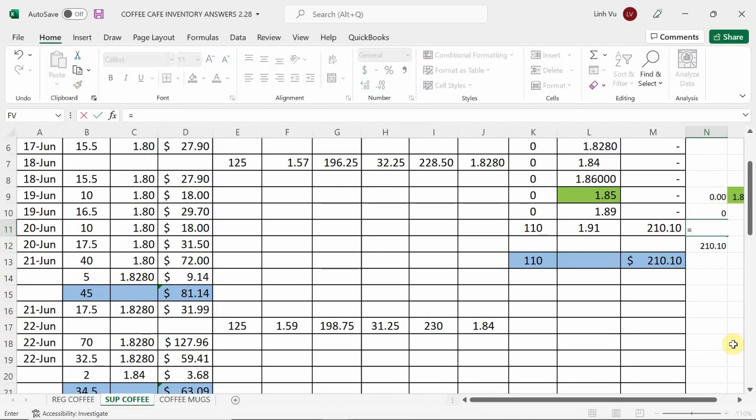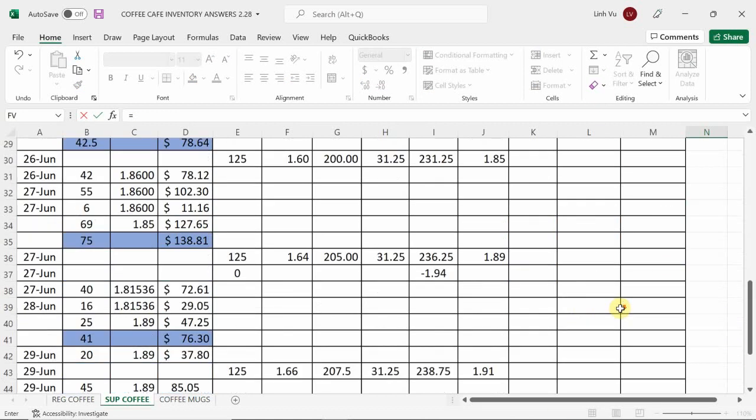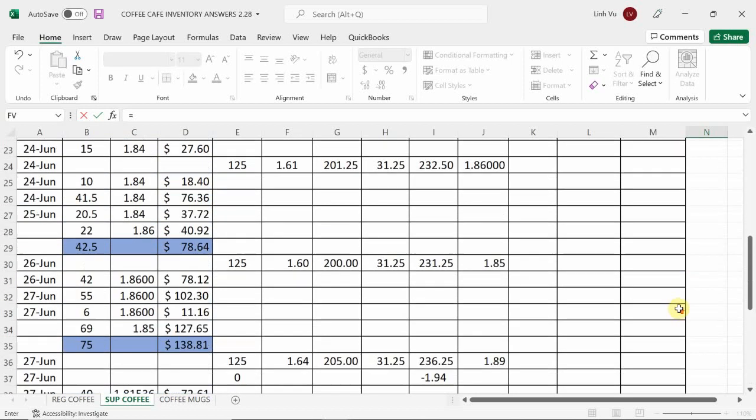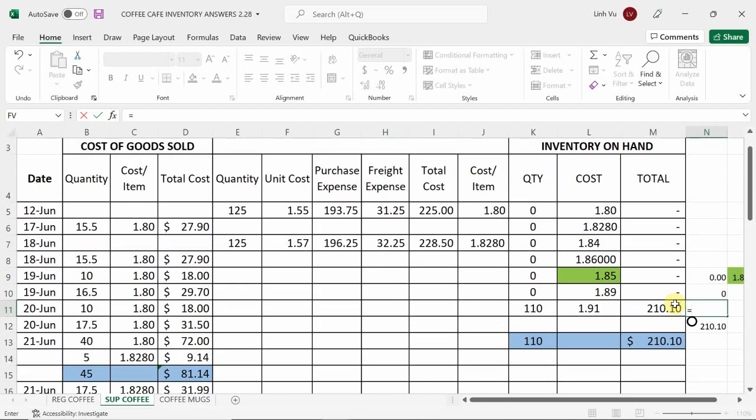Okay, let's do this again. Oh, $238.75. There you go, $210.10.